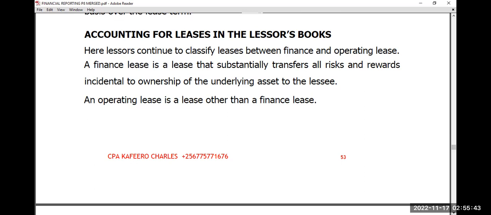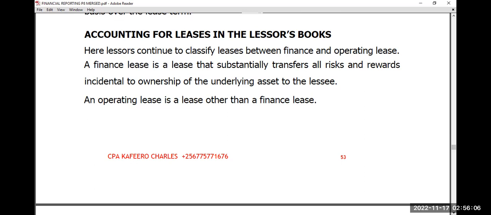If, let's say, the asset had a useful life of 10 years, but the person is leasing this asset for 8 years, and at the end of the 8 years the person is willing to buy the asset, those are the assets that are going to be within the finance lease.